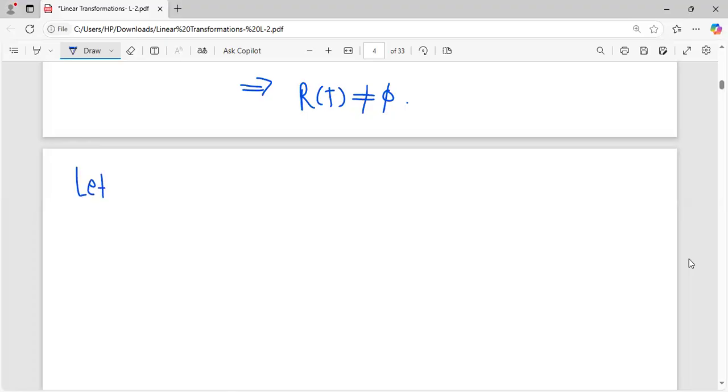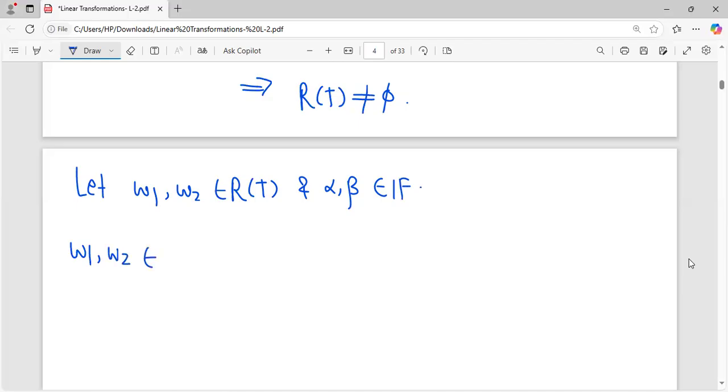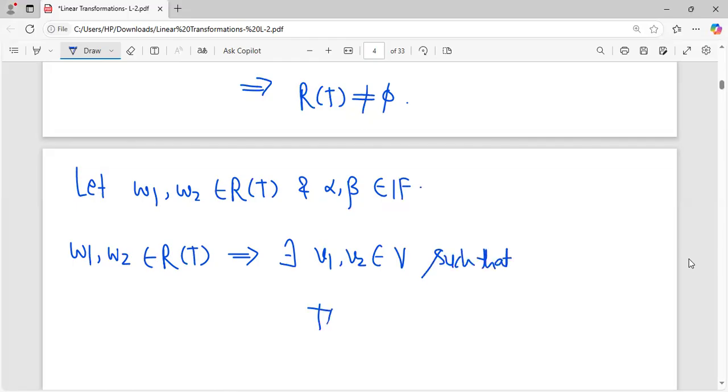Now let w1, w2 belong to R(T) and alpha, beta belong to the field. w1, w2 belong to R(T) implies there exist v1, v2 belonging to V such that T(v1) is equal to w1 and T(v2) is equal to w2.